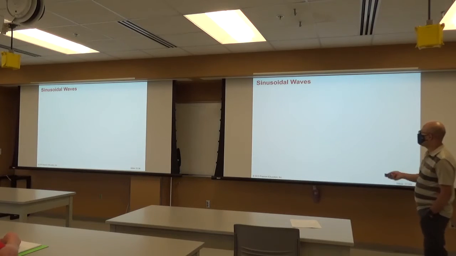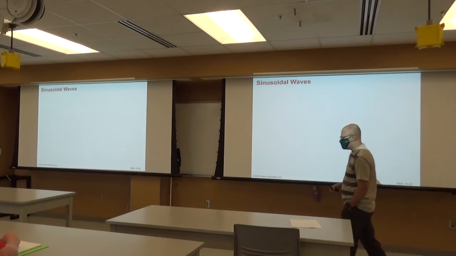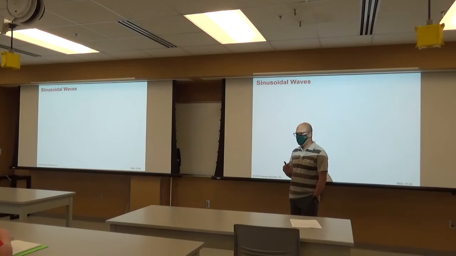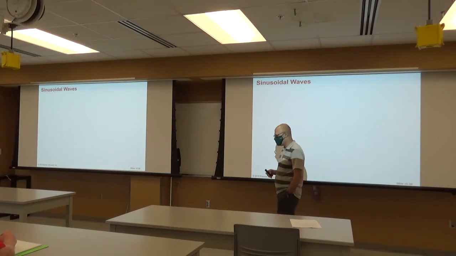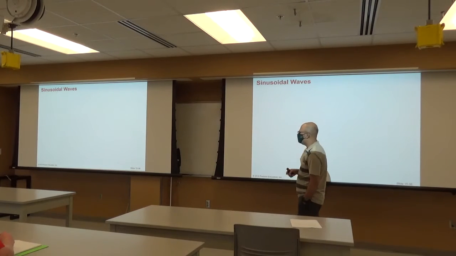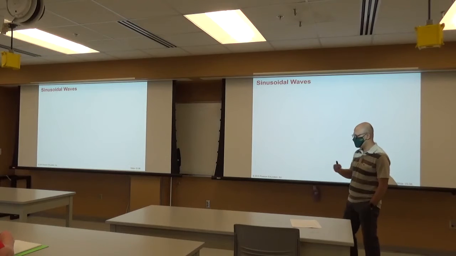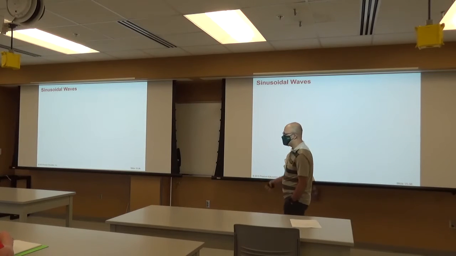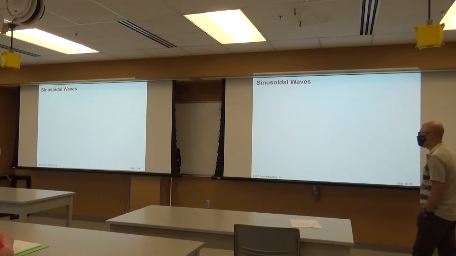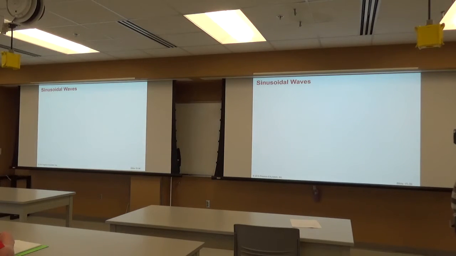So last time we talked about sinusoidal waves. Sinusoidal waves are the waves produced by any object or vibration of a medium that does back and forth motion. Or I should say source.